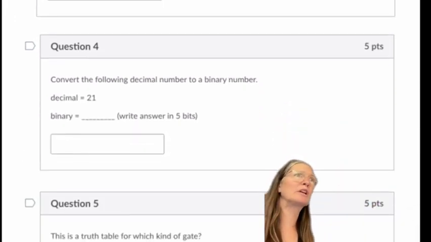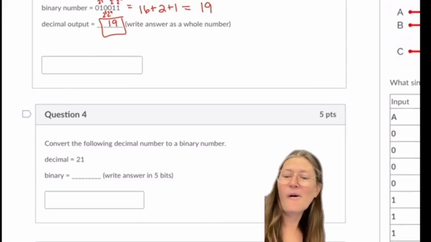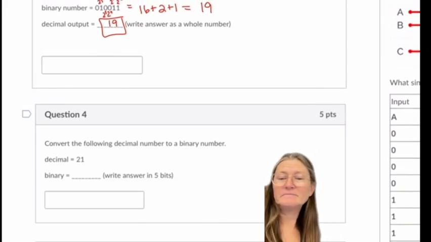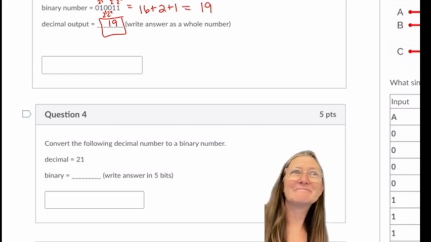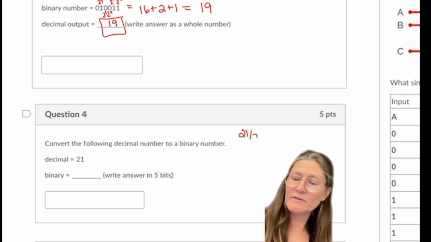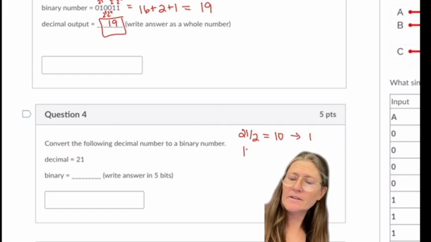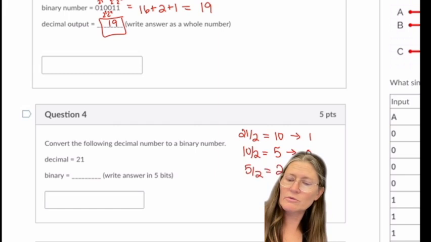So converting 21. You can do 21 divided by 2 is going to be 10, remainder 1. 10 divided by 2 is 5, remainder 0. 5 divided by 2 is 2, remainder 1.